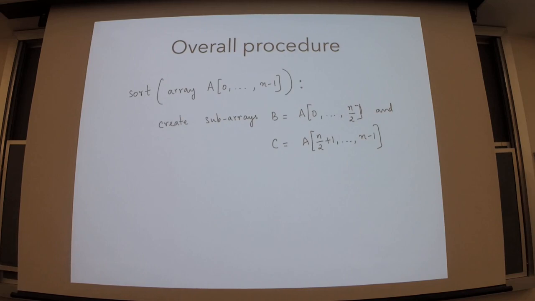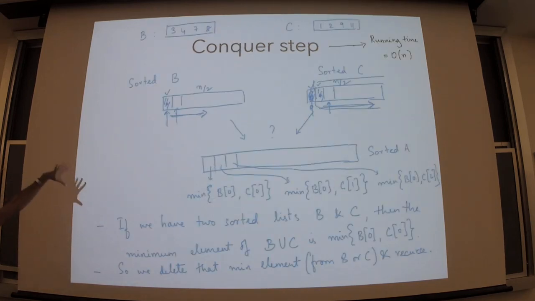Okay, so you create these subarrays and then recursively sort B and sort C separately, and then run this merge procedure on sorted B and sorted C. Okay, so the merge procedure is the procedure from this page.